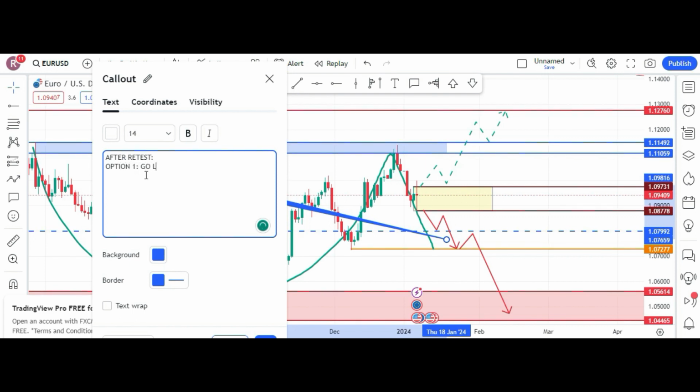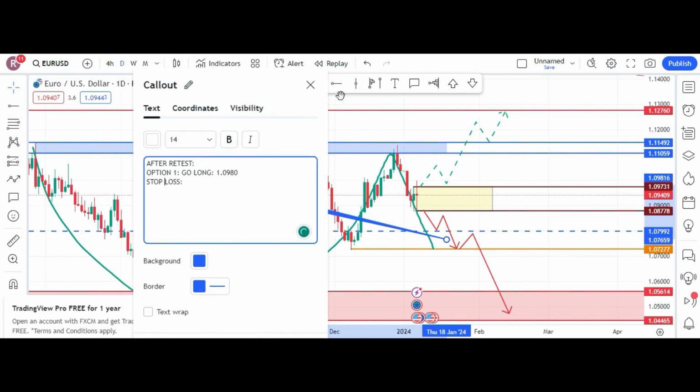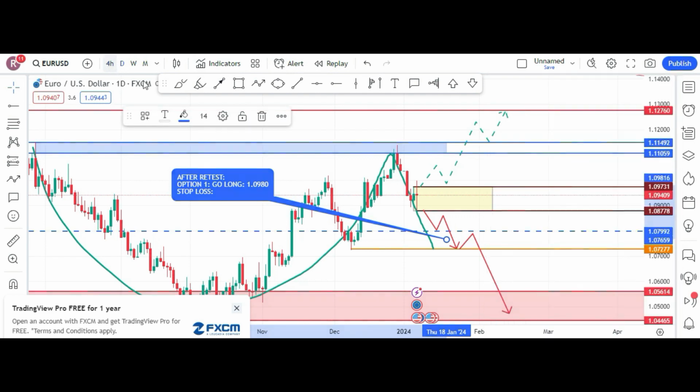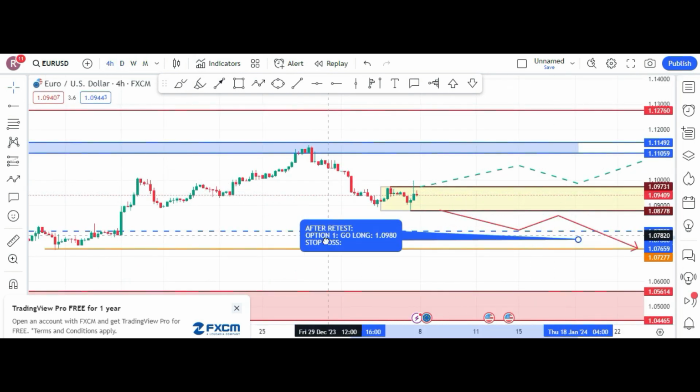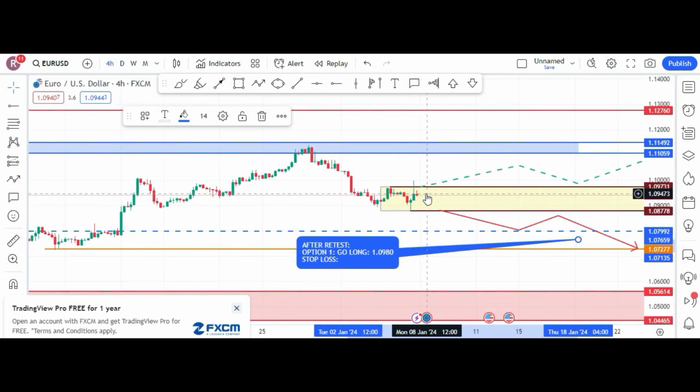go long. And where will we go long? We'll go long here, 1.0985. Okay, 1.0980, let it be a little bit conservative. And stop loss, we need to check stop loss, and to do that we need to go to 4 hours, and stop loss should be here.